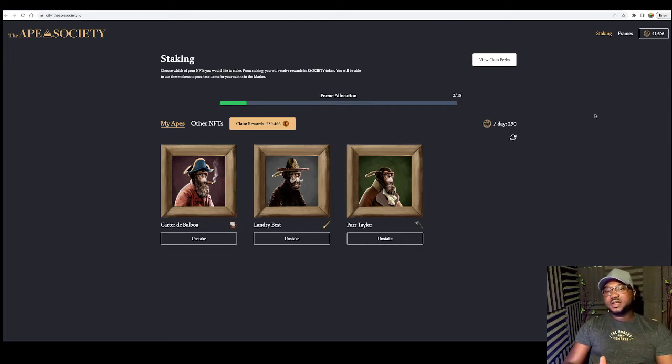I know that every time the token is spent, like say for example to buy a frame, or to buy other assets that are going to be available that the craftsmen are going to build, that society that's used is burnt. So there's a burning mechanism built in that's going to allow it to be deflationary, right?